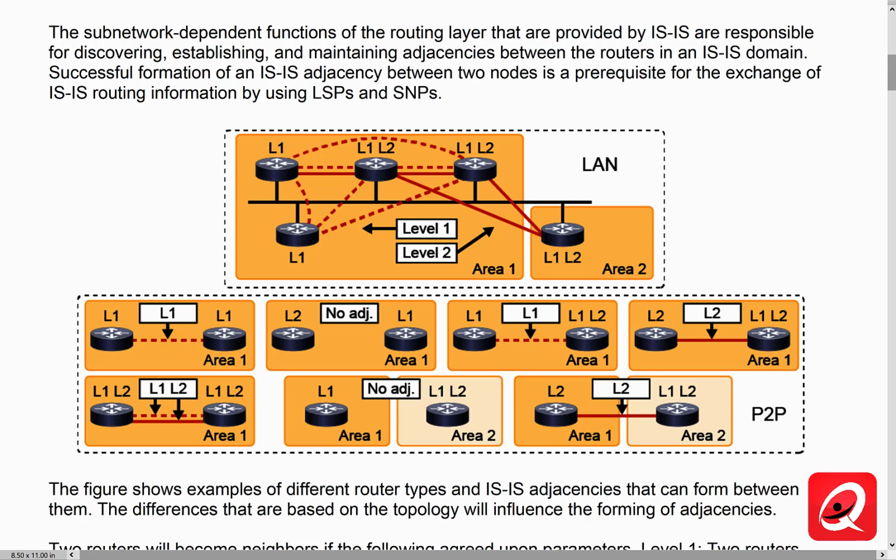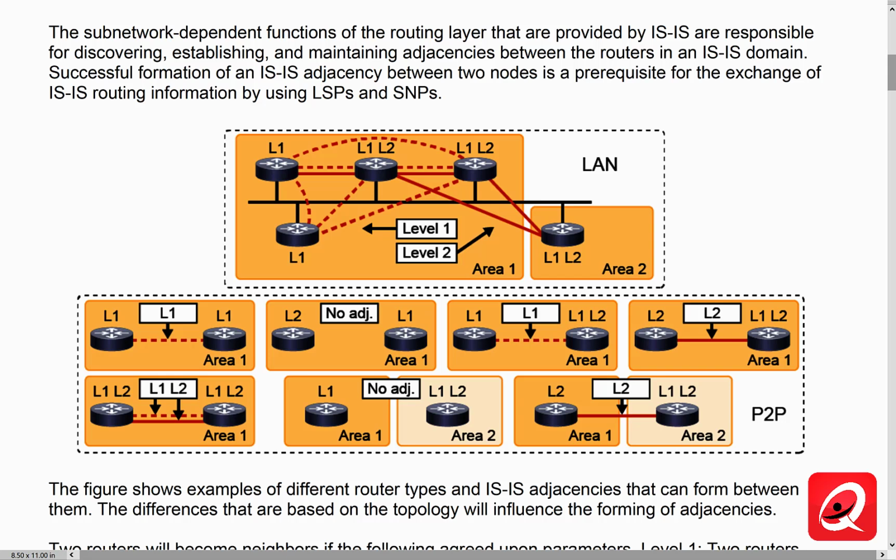Now, ISIS is a link state routing protocol, and as I mentioned before, it's highly scalable, probably more scalable than OSPF, very, very fast to converge, and so on. All right. And we mentioned this before as well. The book kind of talks about it again. The OSI protocol suite layer 3 protocol that's used in this case is CLNP, and we use our CLNS addresses to identify routers and build that link state database.